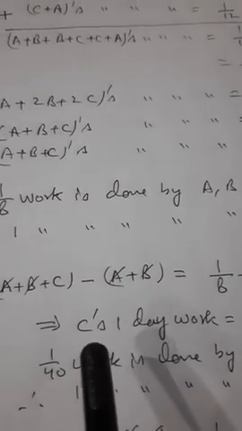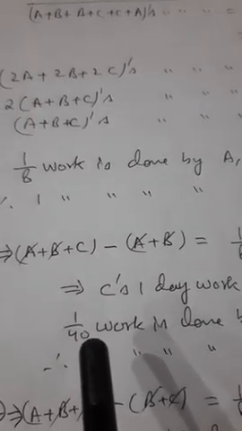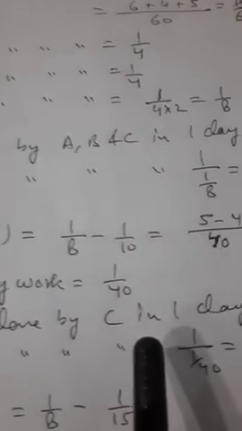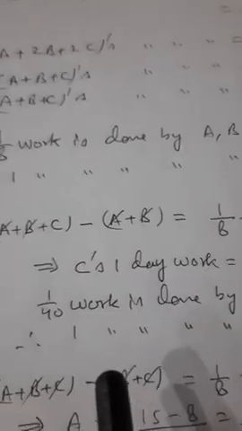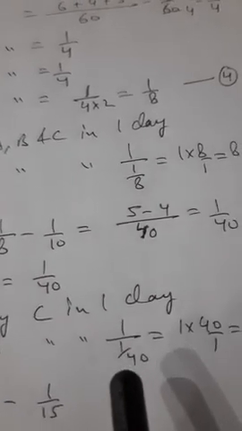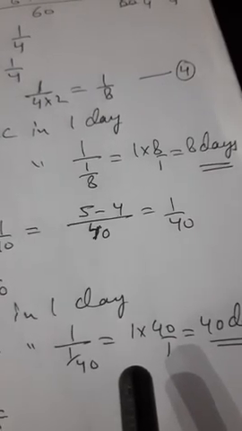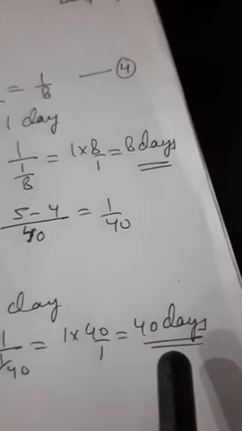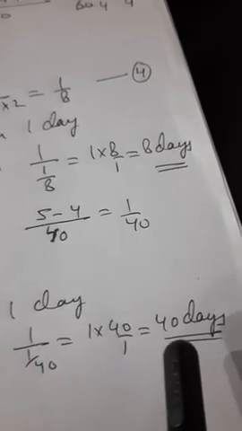So C's 1 day work has come 1 upon 40. So this is C's 1 day work. So 1 by 40 work is done by C in 1 day. So therefore complete work, 1 work will be done by C in 1 whole number upon 1 by 40. So 1 into 40 by 1, that is 40 days.